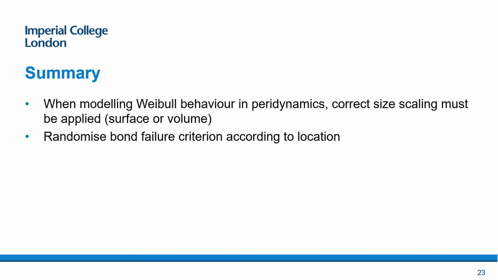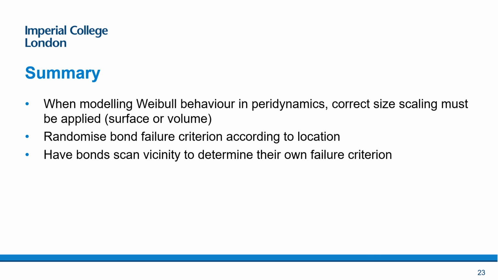You then want to randomize the bond failure criterion according to location. This is what I was doing by tying the bond failure criterion to random values attached to the material points, so rather than having potentially overlapping bonds of different strengths, they're all tied to their location.